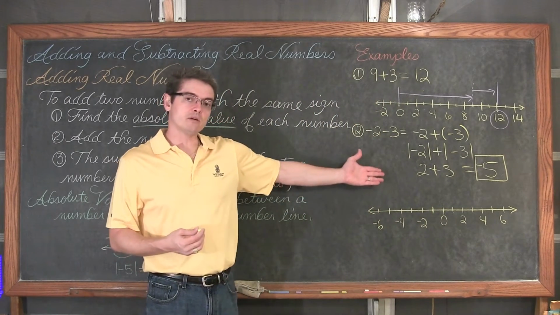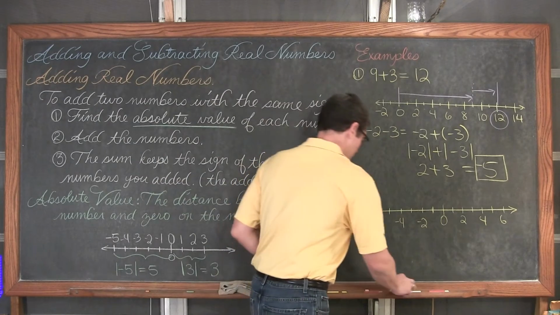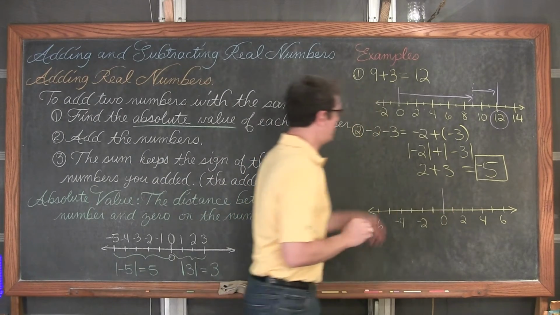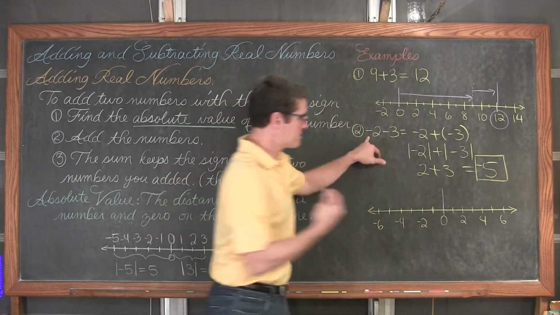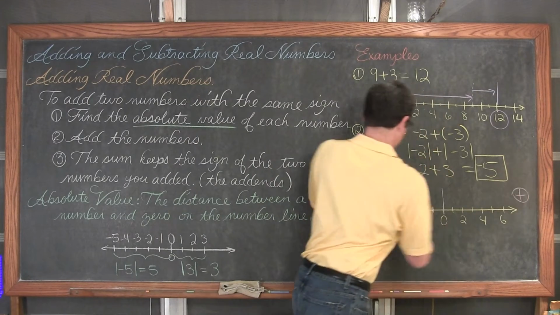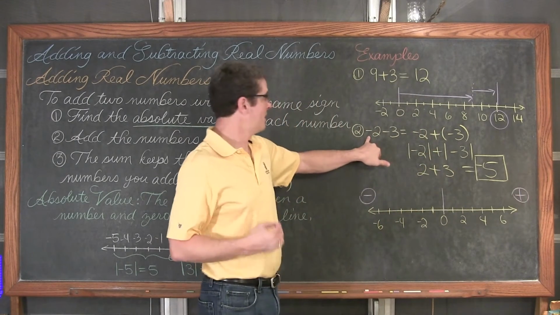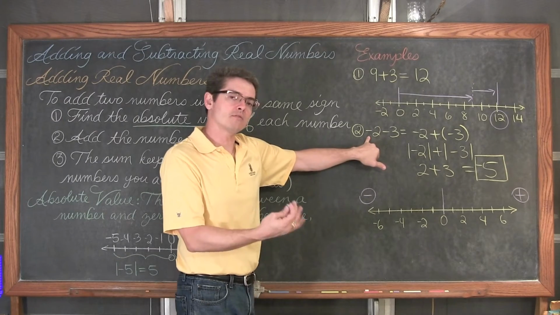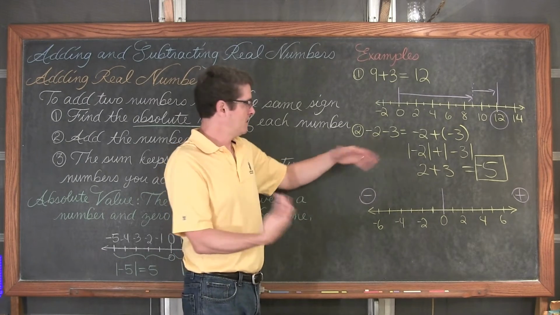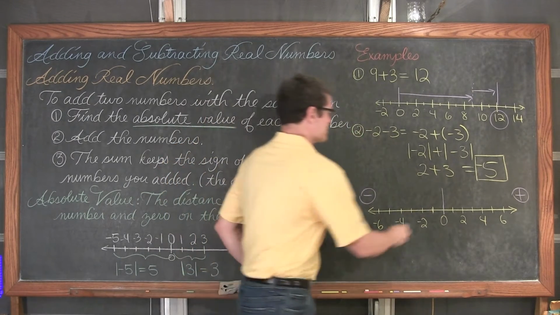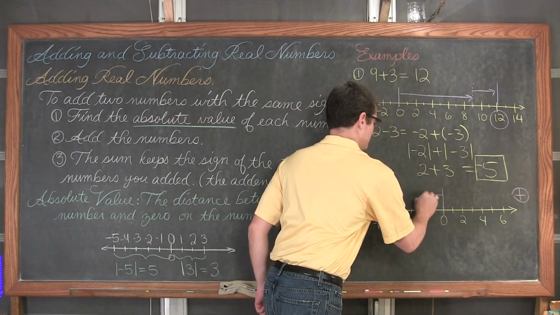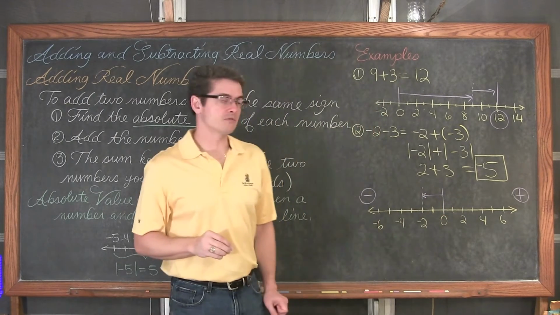Well, that might make sense to you and it might not. So again, we can take a look at a picture. We start off at 0, and we have -2. Movements to the right are positive, and movements to the left are negative. So -2 on the number line starting from 0 is 2 movements to the left, landing us on -2.